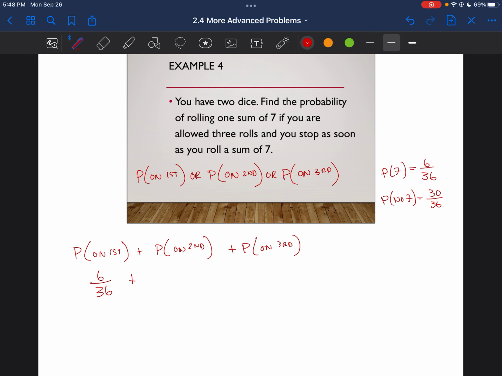But then it is possible that I did not roll a 7 on the first one, but I did roll it on the second. Or I didn't roll a 7 on the first 2 rolls, but then I did roll it on the third one. And then I would add all those together, and that would be the probability that I rolled a 7 and stopped as soon as I finished, given 3 rolls to do it.